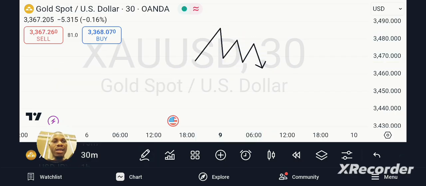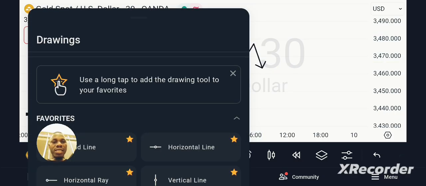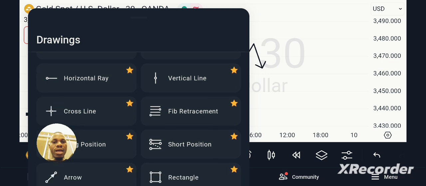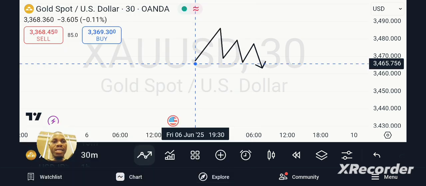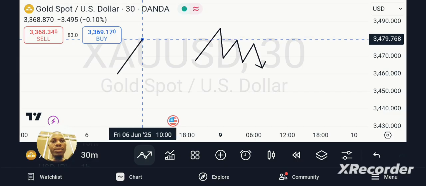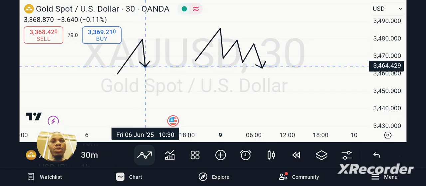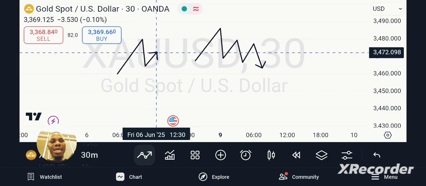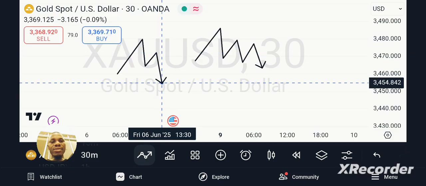Or another thing, I want to see this pattern forming like this. Or I want to see a double top, but with a descending trend line.